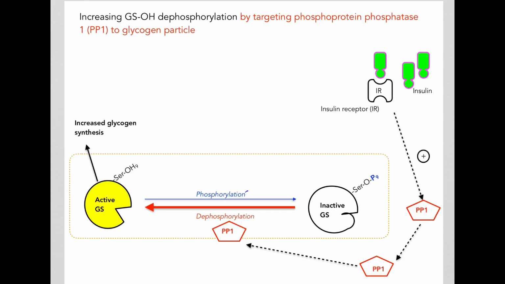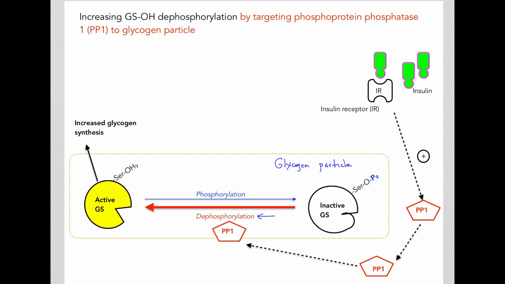So besides slowing down this phosphorylation step, another way to increase active glycogen synthase is to increase the dephosphorylation step. So let's see how this happens. Now remember that glycogen metabolism, whether it's the synthesis or the breakdown of glycogen, is happening on the glycogen particle found in the cytoplasm. So how does insulin increase the dephosphorylation?